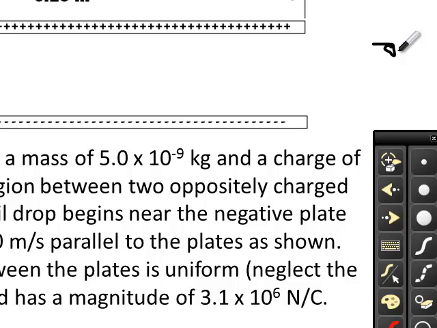So for our calculations, we're actually going to neglect its weight because much, much more powerful is the electric force on this thing. If the electric force didn't exist, this thing would basically, with a little bit of bending, go straight through.